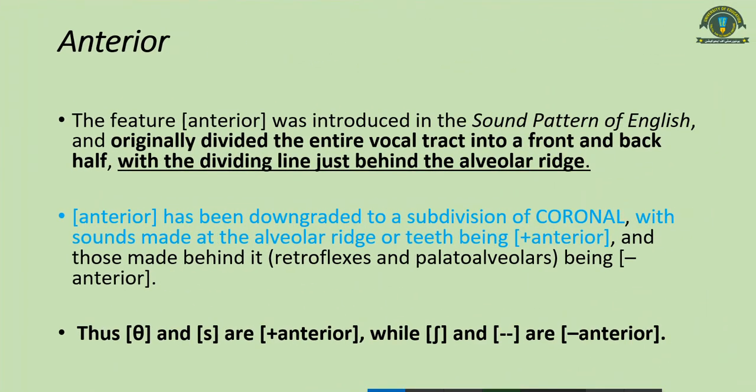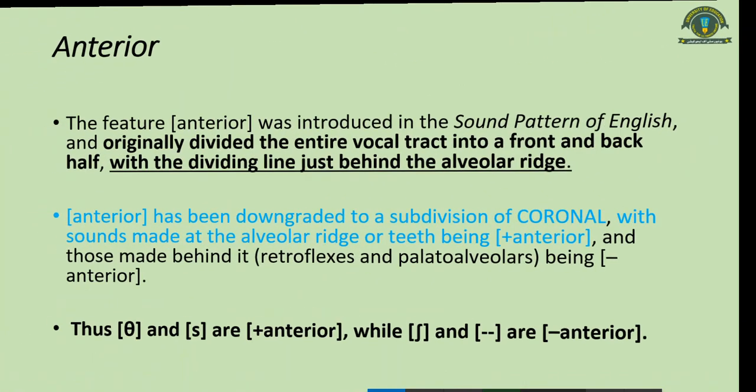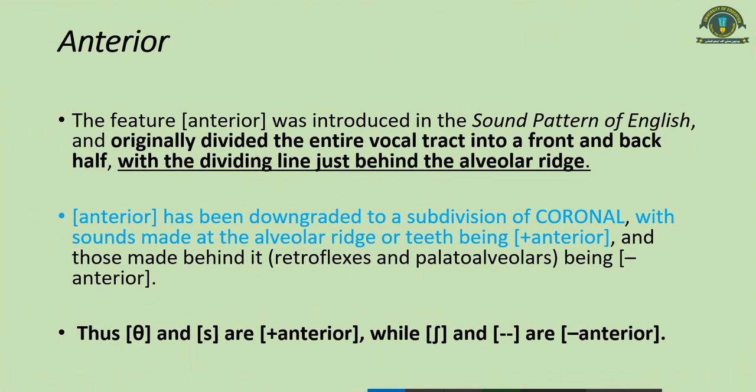Now there is the anterior feature. The feature anterior was introduced originally in the book The Sound Pattern of English, and it divides the entire vocal tract into a front and back half, with the dividing line just behind the alveolar ridge.